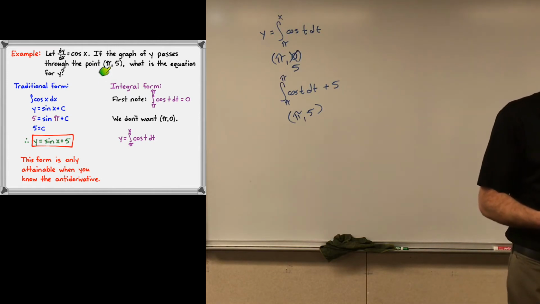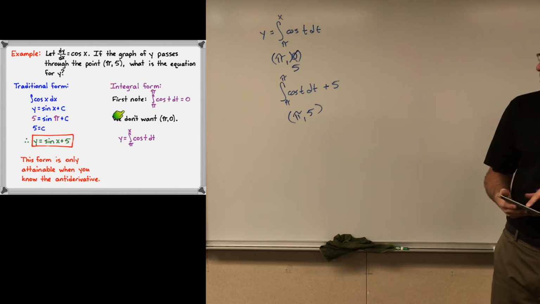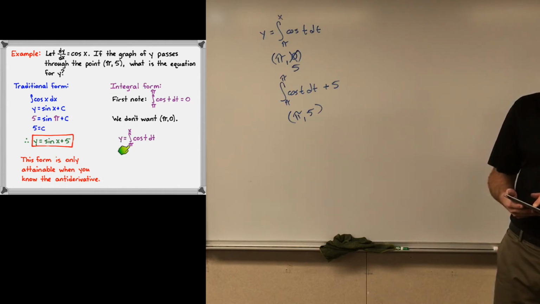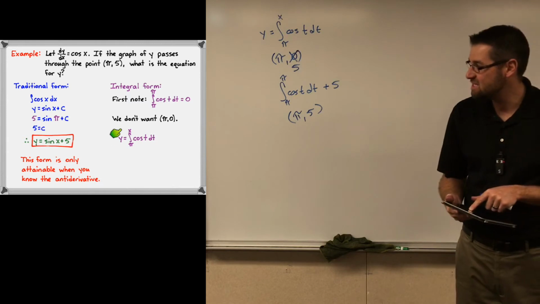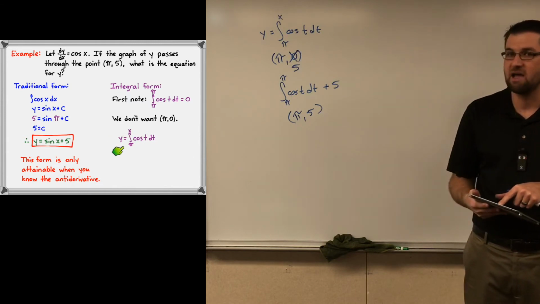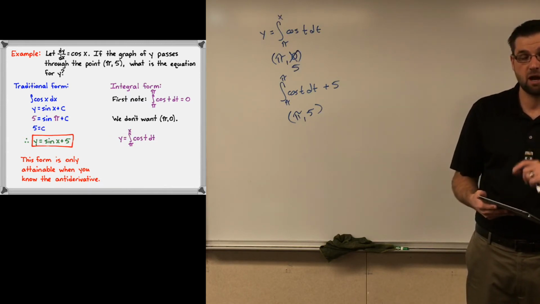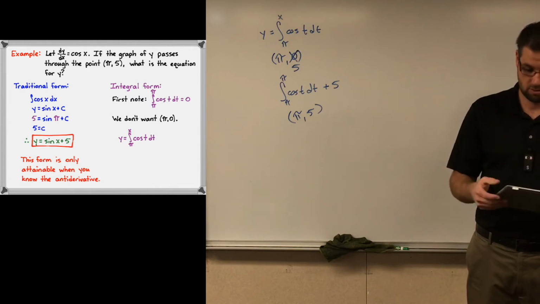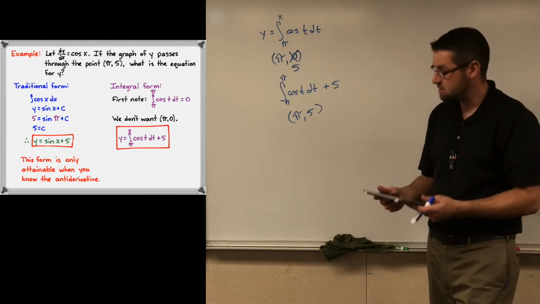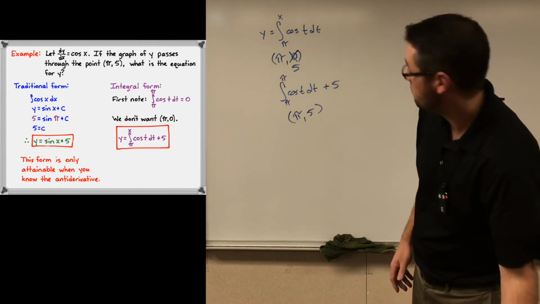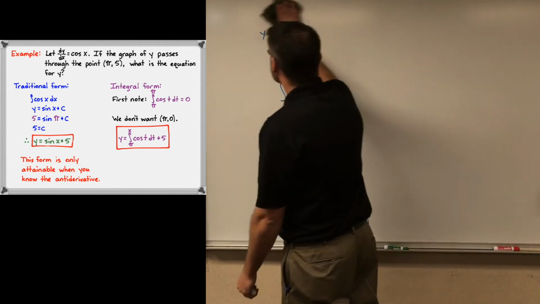It's where everything starts. So the lower bound is where everything starts. So the x value of the initial condition is pi. Our variable is x, and then this is what we're taking the antiderivative of. Does that make sense? But this does not produce pi comma 5. It produces pi comma 0. So what do I have to do? Plus 5. So this is the integral form. Write that down if you haven't written that down.